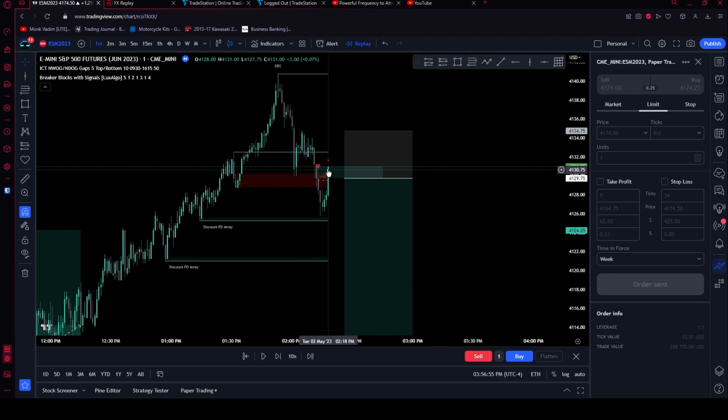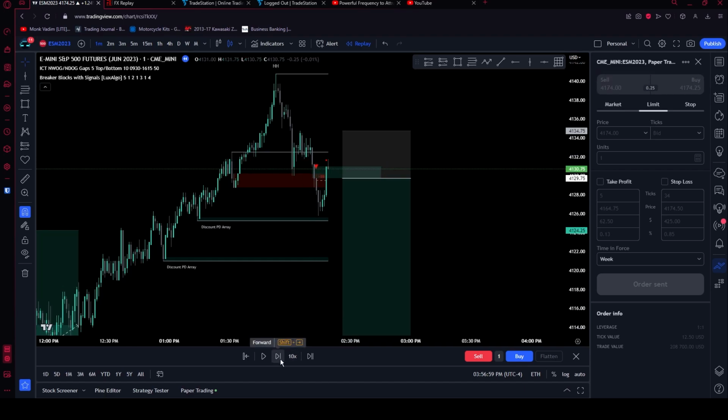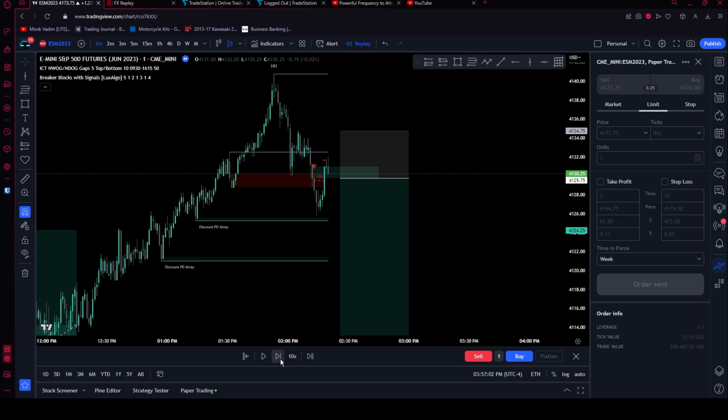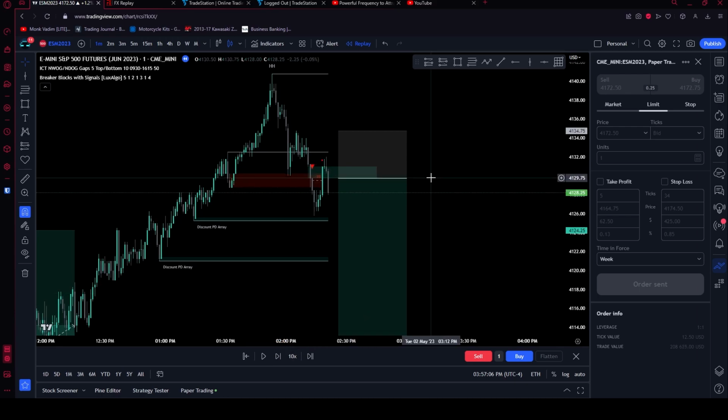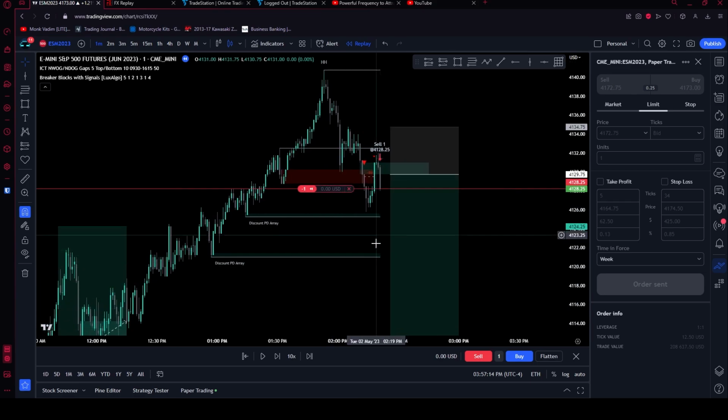All right, so it comes back in, fills that fair value gap. Probably will fill this next one. Mostly does. It does come back to our buy line, so we probably would have bought, or sold, sorry, if this was going to be a thing. We'll see if it hits any of these points of liquidity here.